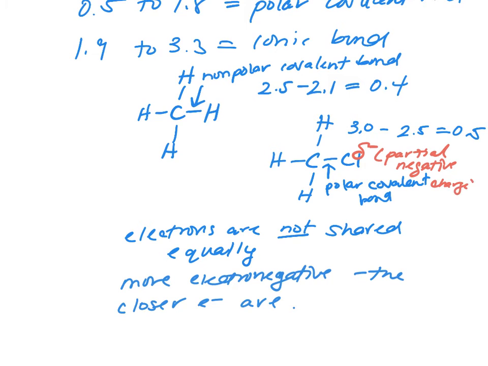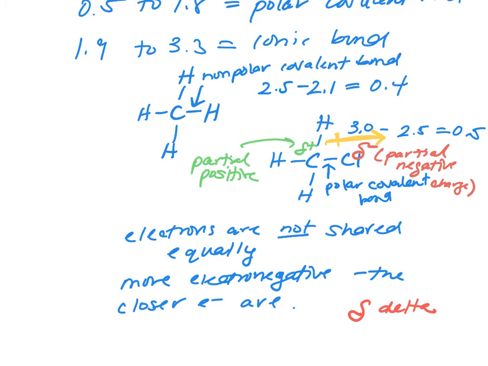charge. This symbol here is a delta. The carbon, on the other hand, would have a partial positive charge, because that chlorine would be pulling electrons toward it. If we were to draw the direction of the electron pull, we would have an arrow with a dash at the end, indicating that the electrons are being pulled towards that chlorine.